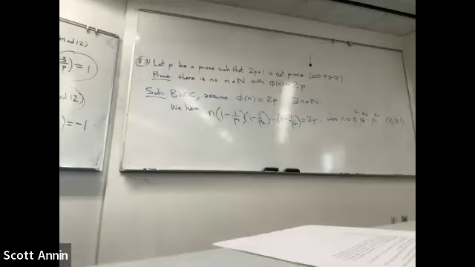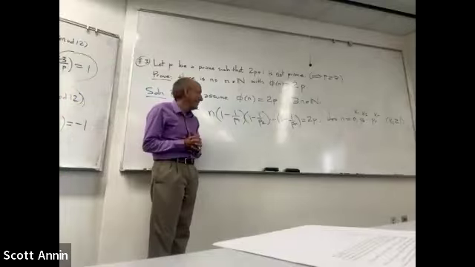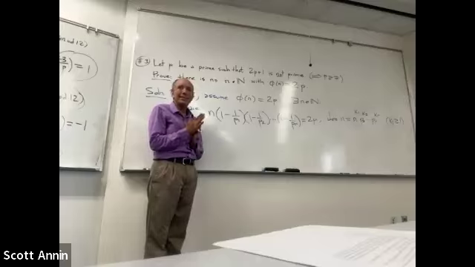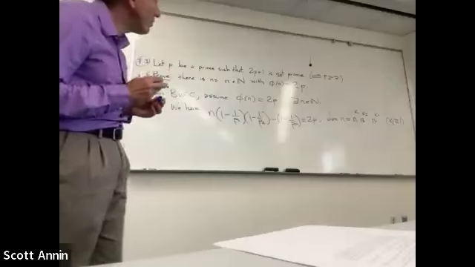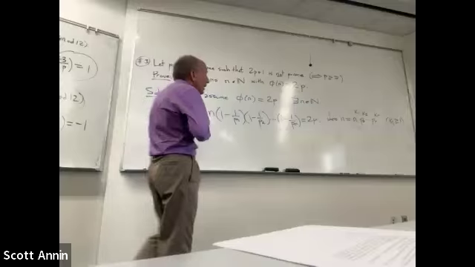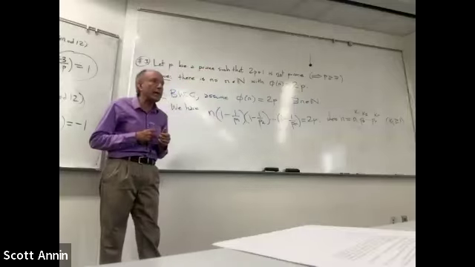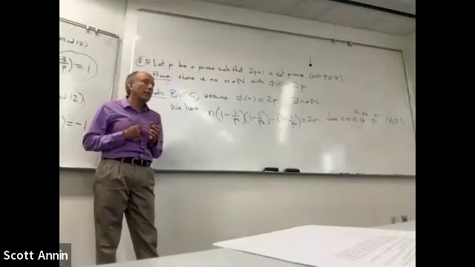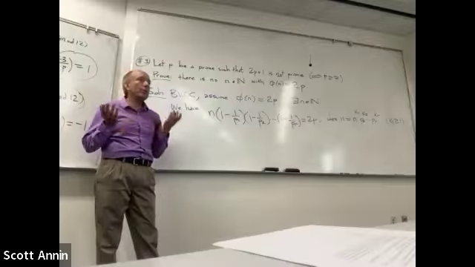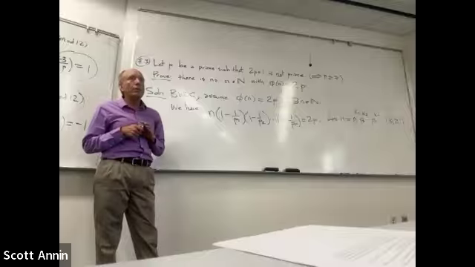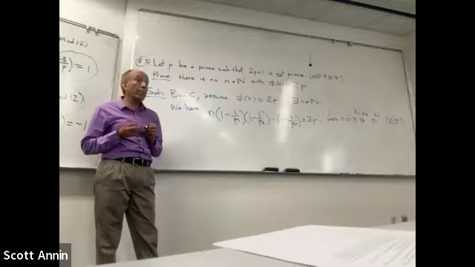Any thoughts about what to do from here? Divide both sides by 2. We could divide both sides by 2. I don't think I'm going to do that, however. The real thing you want to do is turn both sides into whole numbers.